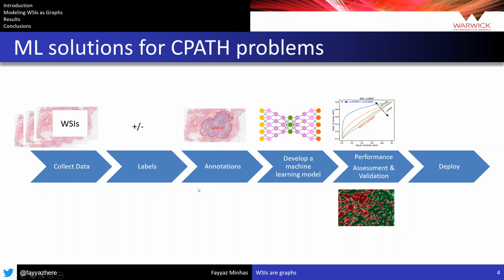And machine learning is a very good framework for modeling or solving these problems. So what we do in machine learning is we collect whole slide image data. We have the target variable of interest for a set of what are called training images. We may also want to get some more detailed annotations for these images. We feed all this data into a machine learning model.